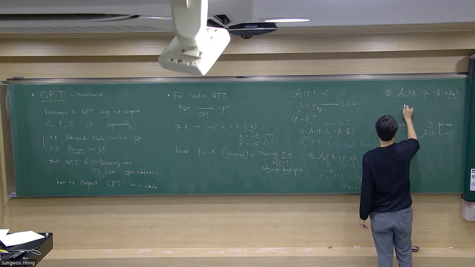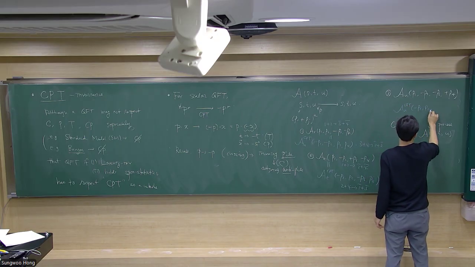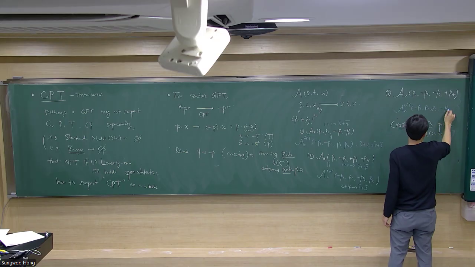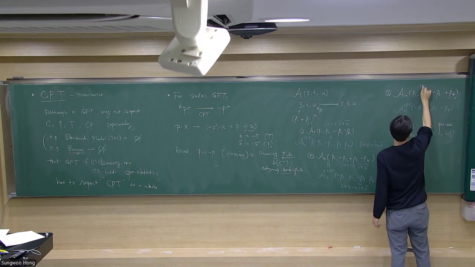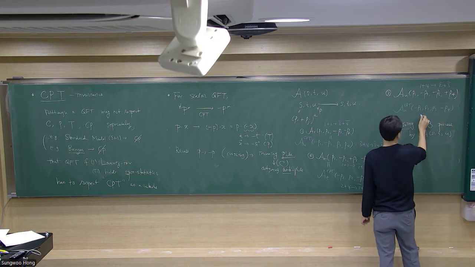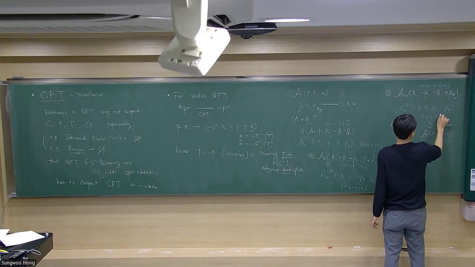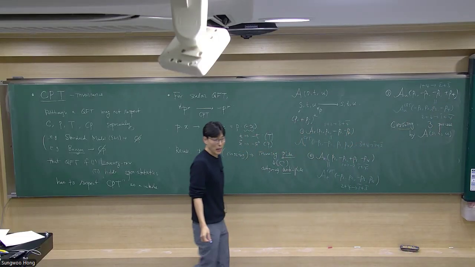Lastly, let's just finish up for completeness' sake. P1, P2, P3, minus P4. So this describes 1 plus 4 goes to 2 bar plus 3 bar. And this describes 2 plus 3 goes to 1 bar, 4 bar. And then again, CPT invariance says that that's the same.